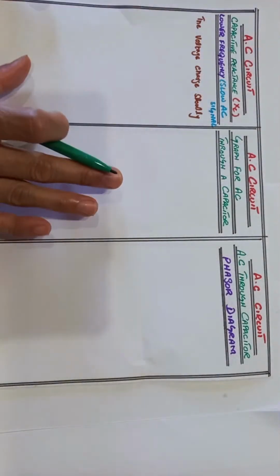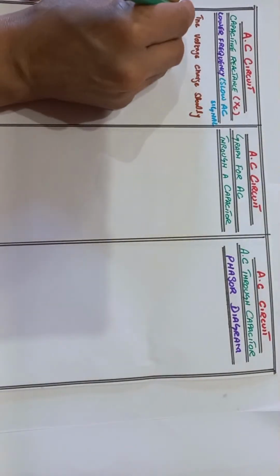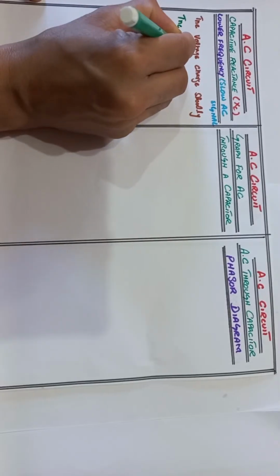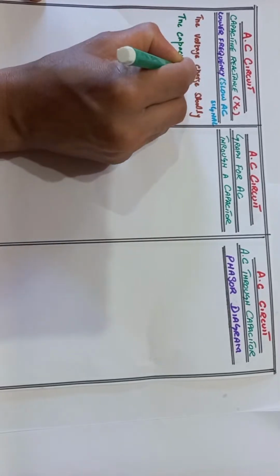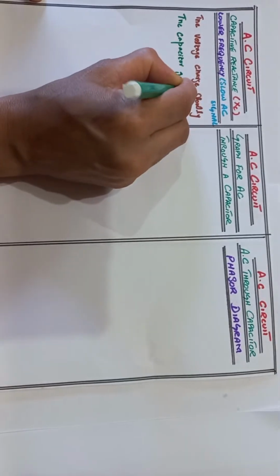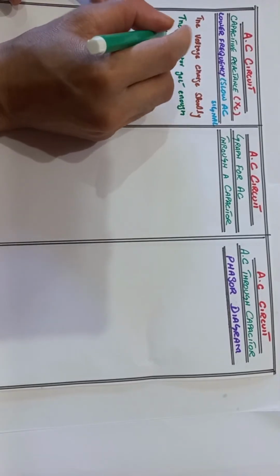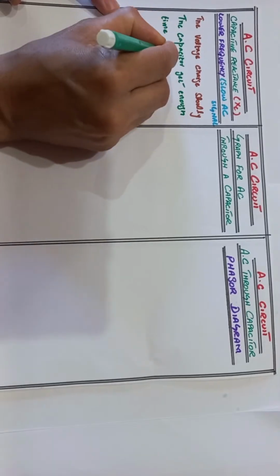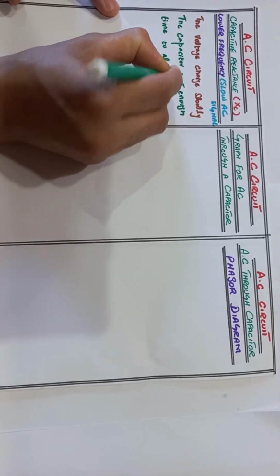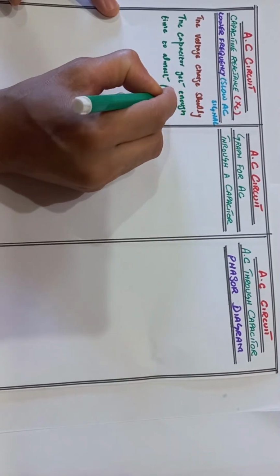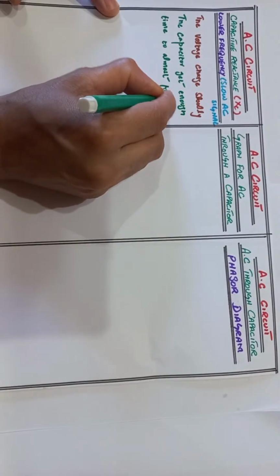The capacitor gets enough time to almost fully charge when the voltage changes slowly.